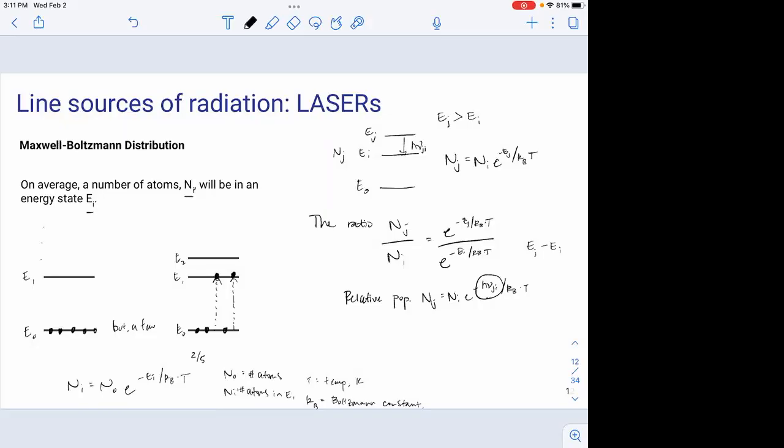And the probability that will happen is described by this natural Boltzmann distribution.